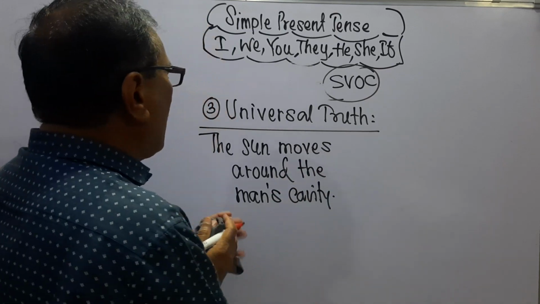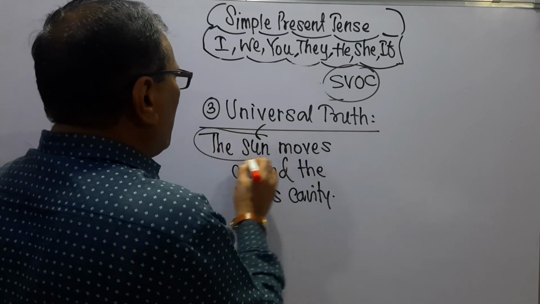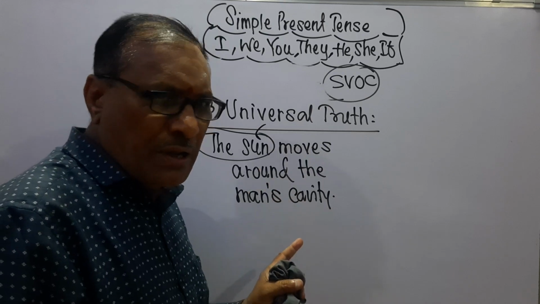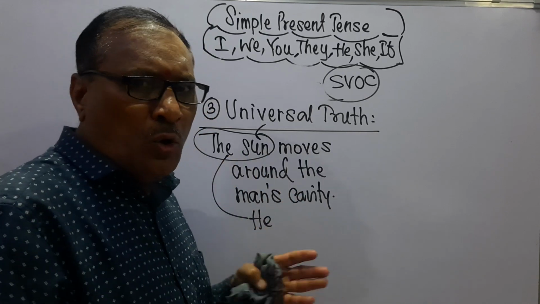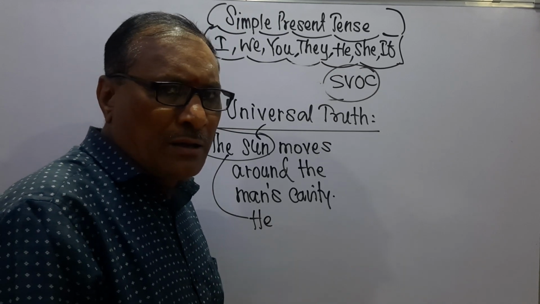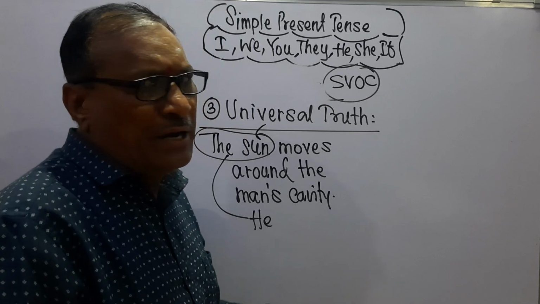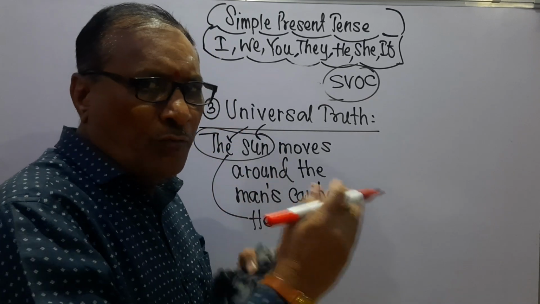So remember here, the sun is the subject. This subject is from he, she, it, because the sun is it. If we know it as a god, then it is he, or if we know it as a thing, then it is it.